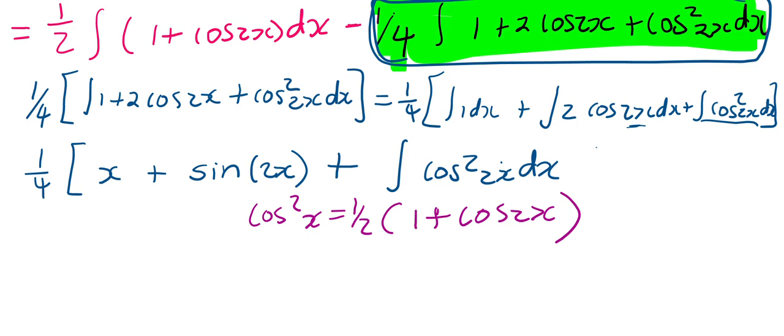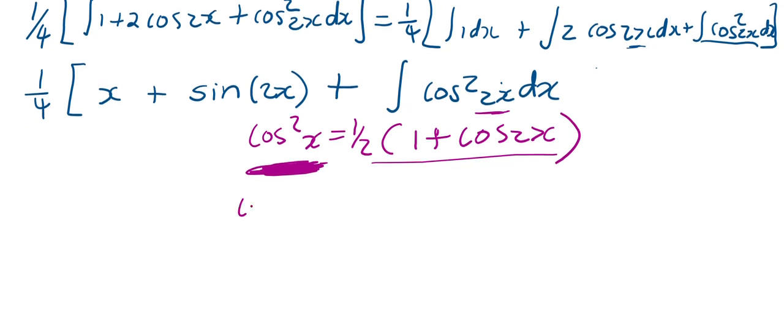Now, one thing you need to keep in mind is that this identity is for cos of x, and we do not have cos of x. Instead, we have cos of 2x, meaning that in our identity, where we see x, we then have to substitute 2x instead.